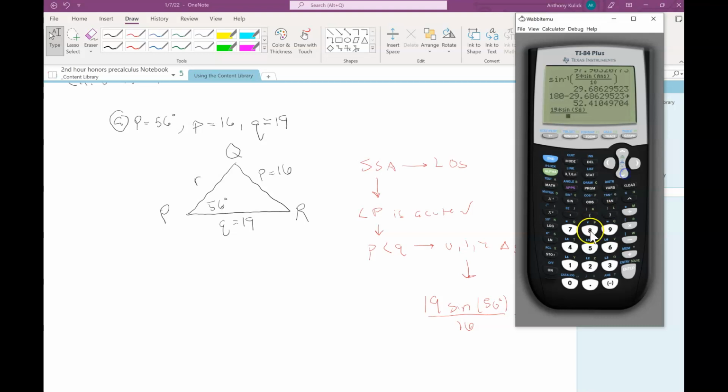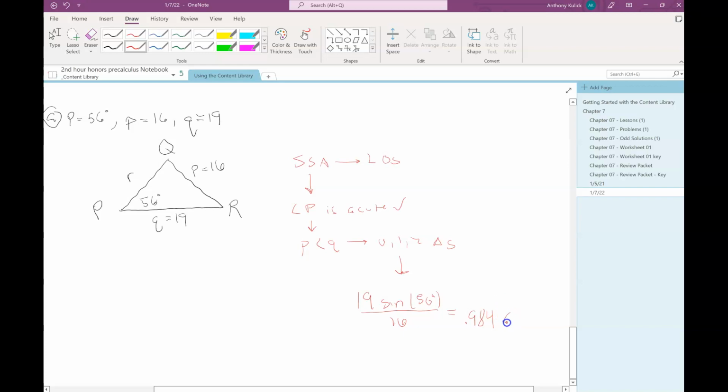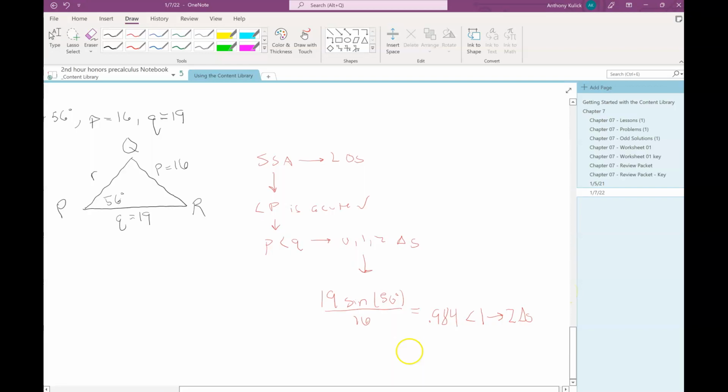Very good. I know that these are dumb questions that I'm asking and you know the answers, but I just like to remind people. So I get 0.984-ish. Since that's less than 1, I know I'm going to be getting 2 triangles. You feel okay here? And how I was able to analyze that this was going to give me 2 triangles?